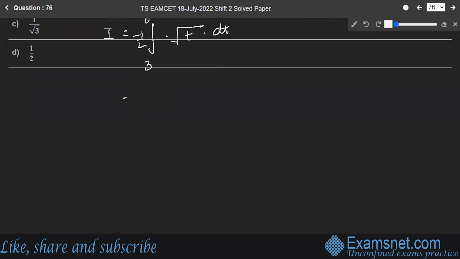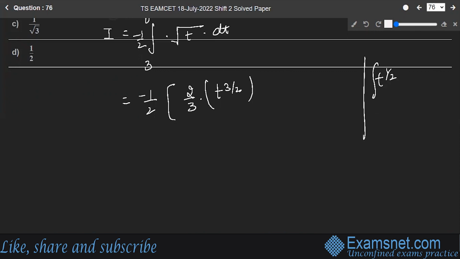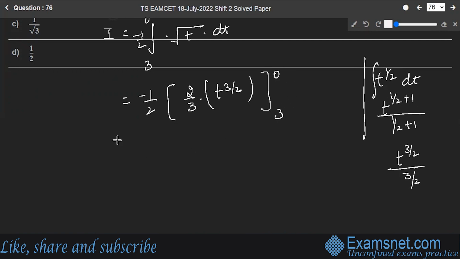So now easy one: minus 1 by 2, integral of t raised to power 1 by 2 dt. This is equal to t raised to power this upon this, so t raised to power 3 by 2 divided by 3 by 2, that is equal to 2 by 3 into t raised to power 3 by 2. So the limits are 3 to 0.